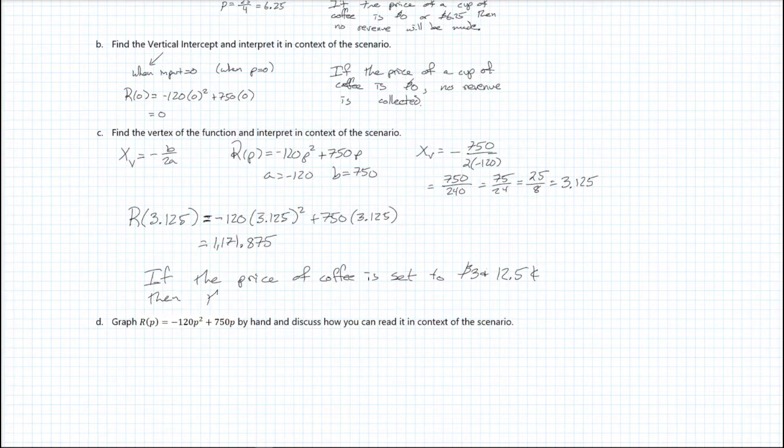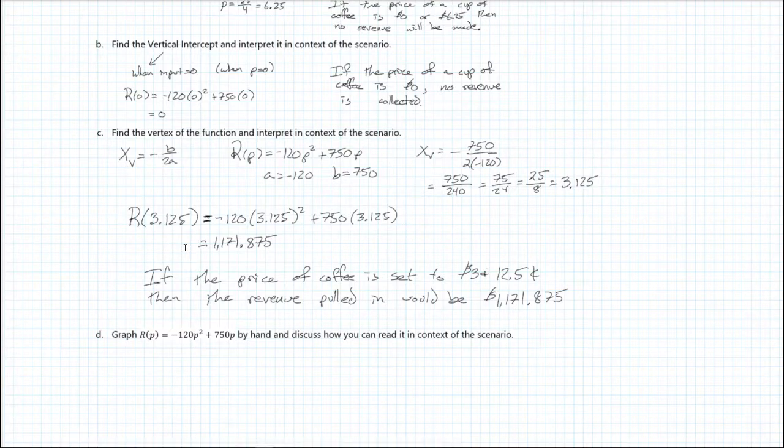Then the revenue pulled in, this is before expenses, but the revenue pulled in would be $1,171.875. Obviously, we aren't going to do fractions of cents at a coffee shop. That's something that only gas stations pull off.